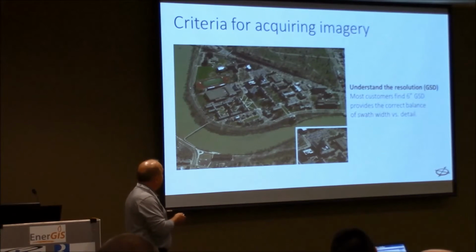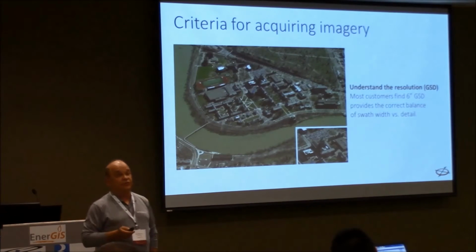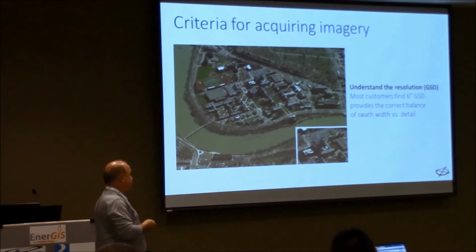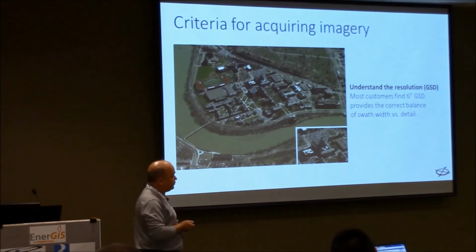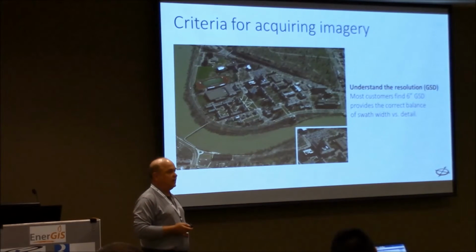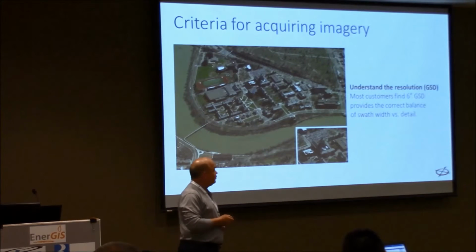So, what am I making the case for? I'm obviously making the case for, use imagery. Use high-resolution imagery, and one of the things that we've learned over a number of years is that most of our clients find that if they're using a 6-inch GSD image, they're getting all the necessary information they need out of it in order to be able to make the determination.